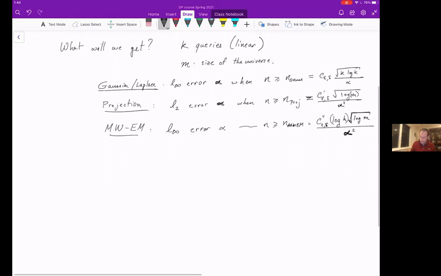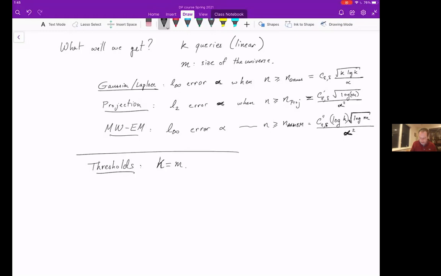So, for example, let's look at some specific classes. For thresholds, let's just compare what we get with the Gaussian mechanism and this new multiplicative weights mechanism that we'll see today. For thresholds, k is equal to m, they're the same, and so I'll just call it m.